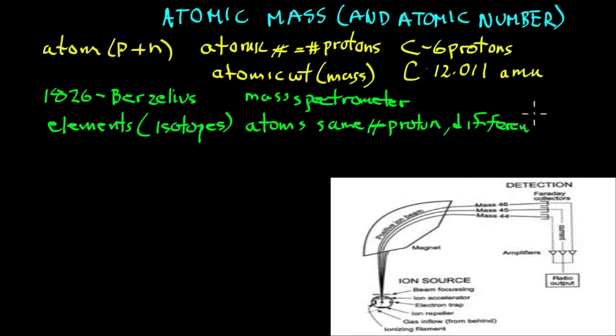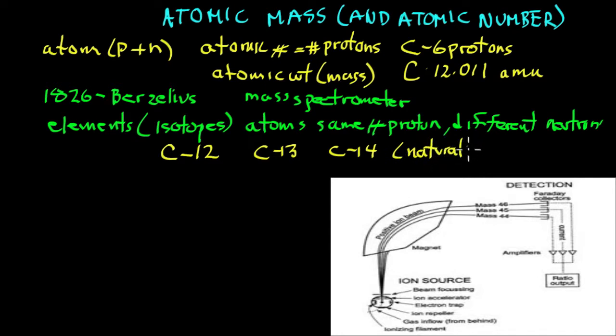For instance, carbon is made up of atoms called carbon-12, carbon-13, and carbon-14. These are called the natural isotopes. You can also make isotopes in nuclear particle accelerators, which we'll talk about later. So somehow the combination of these different atoms comes up with this value, 12.011.